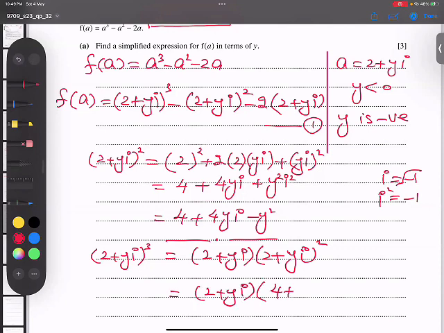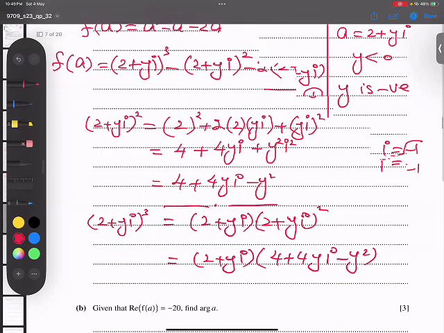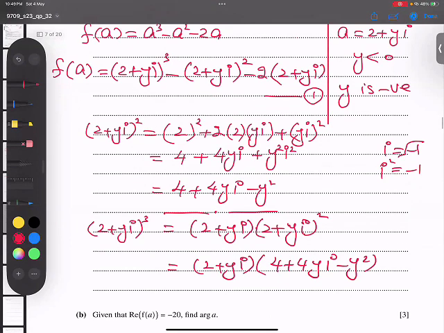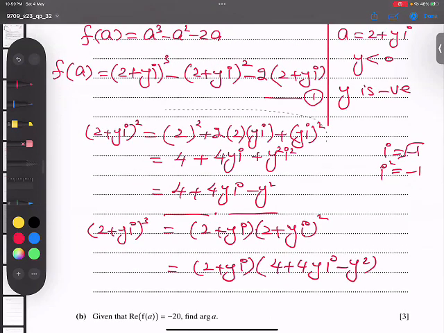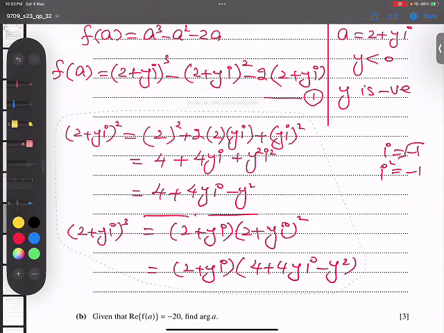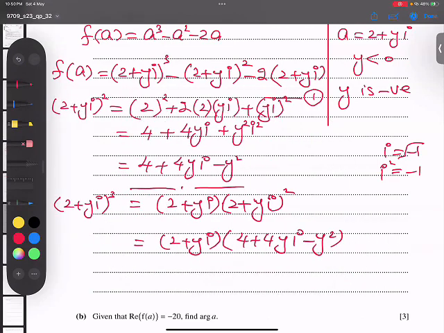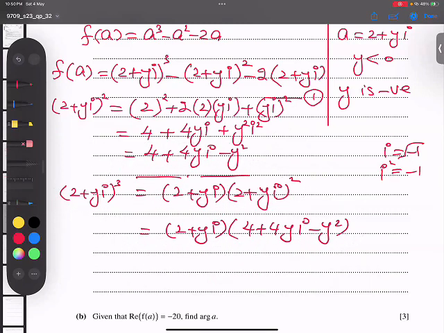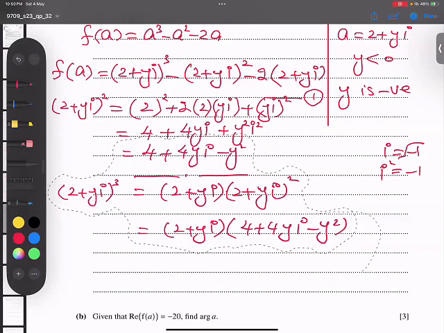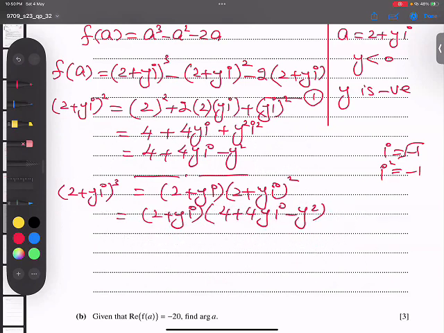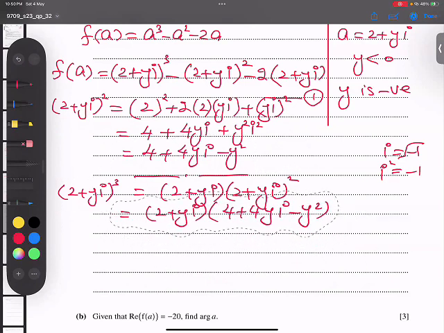So 4 plus 4y iota. A lot of patience and attention is required. I have to be careful with the space issue even. Anyway, I think up till here students understand.